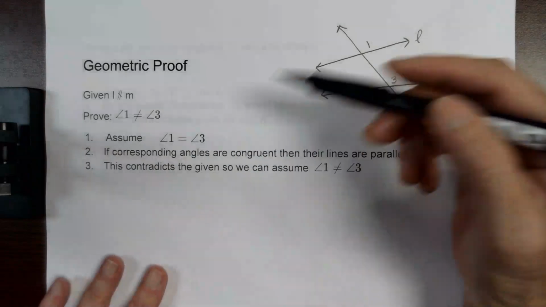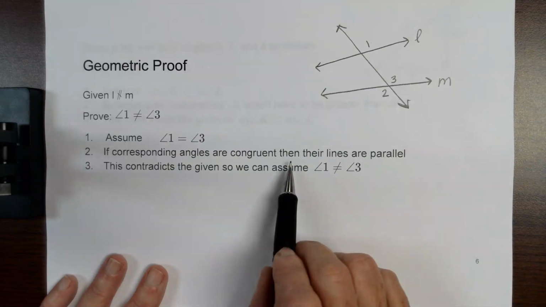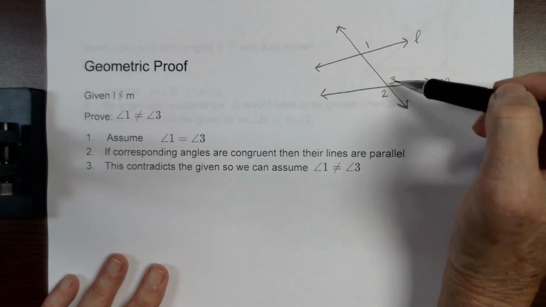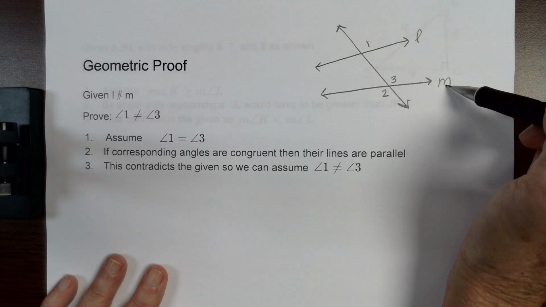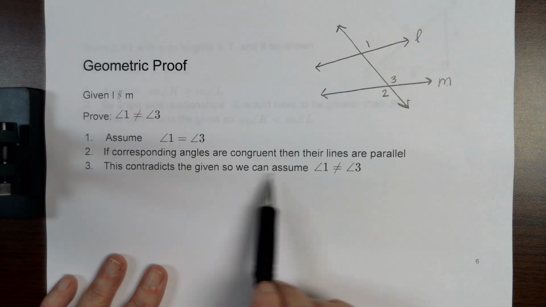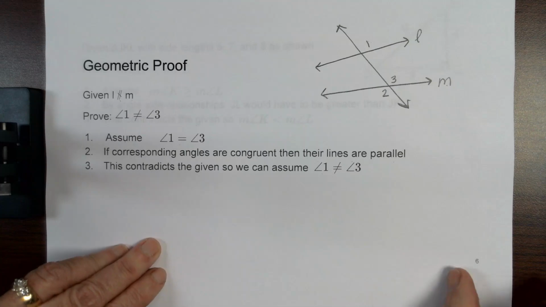And if corresponding angles are congruent, which is what those are, then the lines are parallel. So if 1 is equal to 3, then L would have to be parallel to M, and that contradicts the given, which says they're not parallel. Therefore we can conclude that angle 1 is not equal to angle 3.